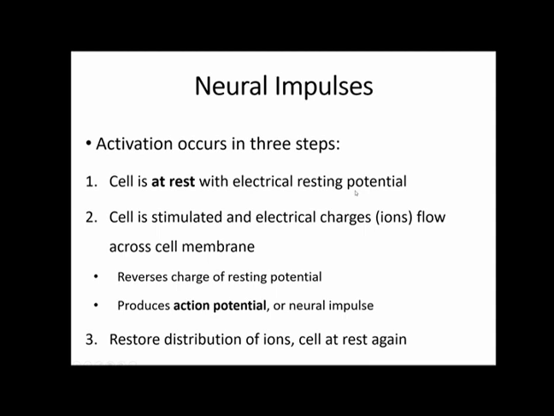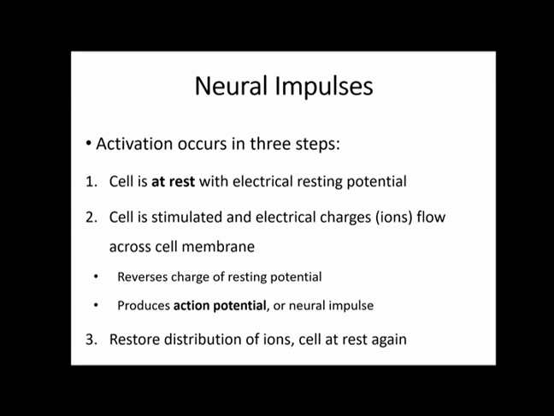And we'll show a diagram of this in just a minute. But what we're saying is that inside of the cell is a slightly different charge than outside of the cell. And if you know anything about ions and charges, those ions would much rather be spread out evenly so that there's no difference in charge anywhere.